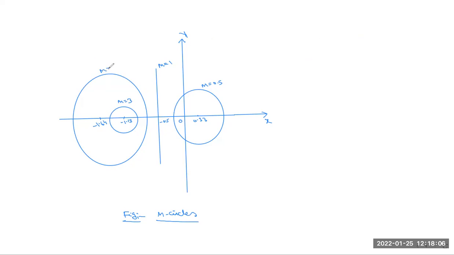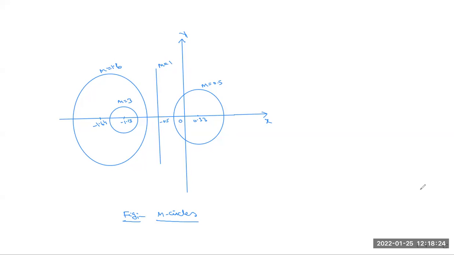This is the different value. Okay. So we go to the next. Next is another last part in our stability analysis. This is the M circle.